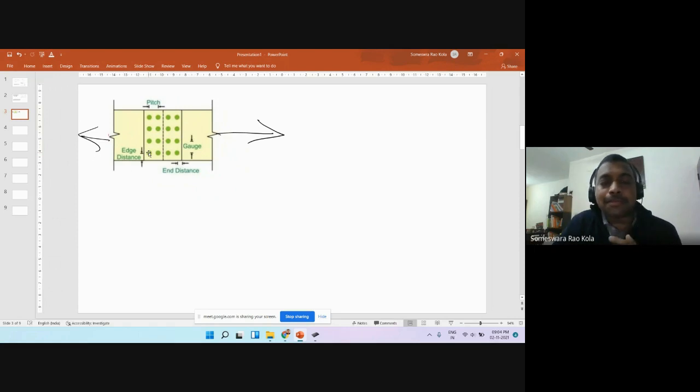So we have to have some minimum clear distances. Like in concrete also, you can't place a bar right to the edge, so we should leave some kind of spacing. The distance between the end of this plate and the first row of bolts is called end distance.